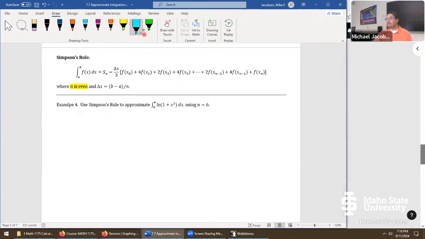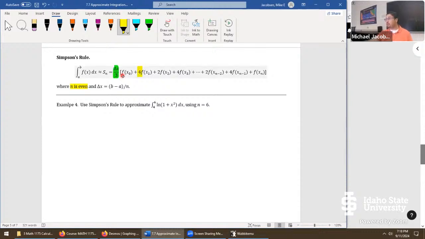But here's the side effects. If you're using polynomials to approximate your function, not rectangles or trapezoids, the algebra, once you work through all of it, is going to give us a delta x over 3. And the pattern, which was 2, 2, 2, 2, starts off like this. Just like trapezoid rule, there's a coefficient of 1 on f of x naught.